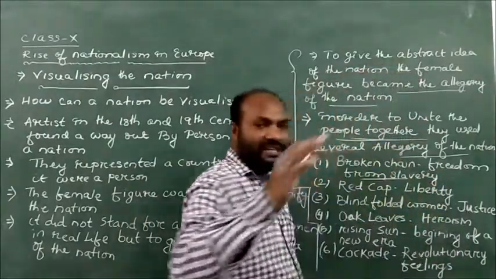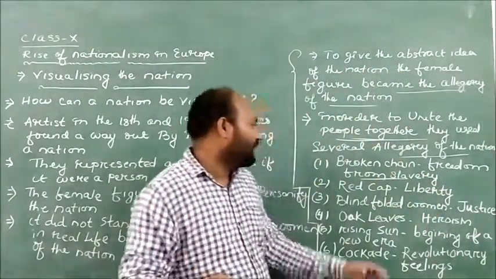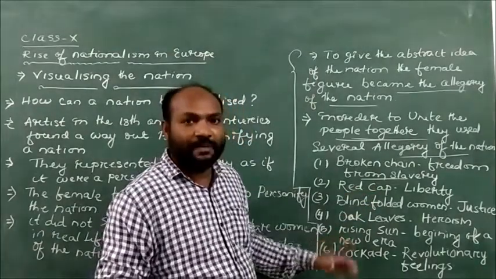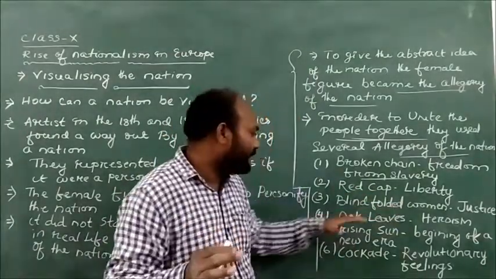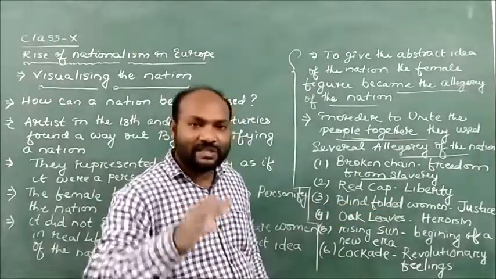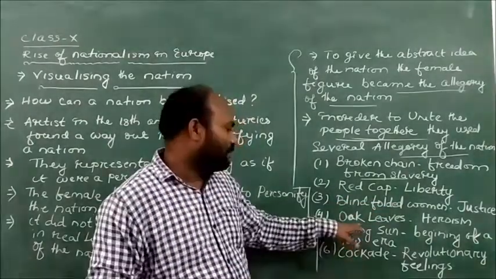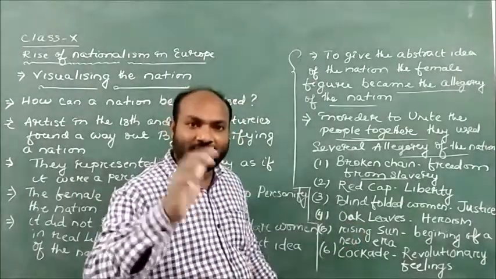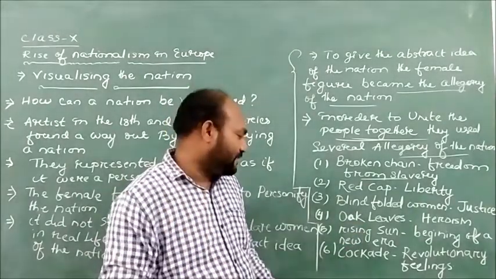The broken chain stands for freedom, and the second one is the red cape. The red cape stands for liberty, and the third one is the blindfolded woman. It stands for justice, and the fourth one is oak leaves. It stands for heroic activities.